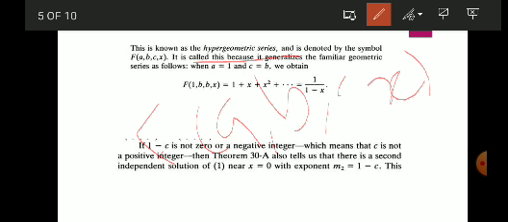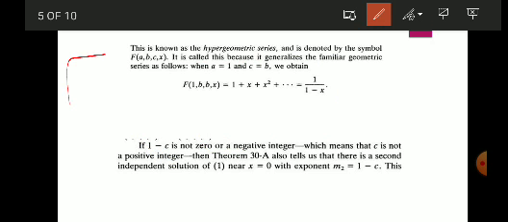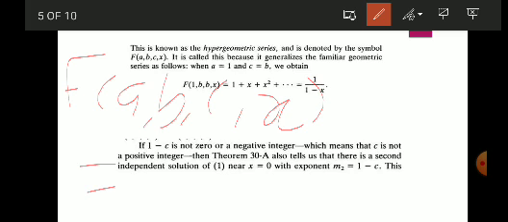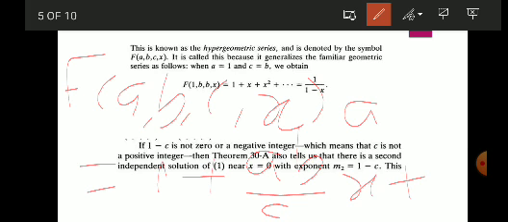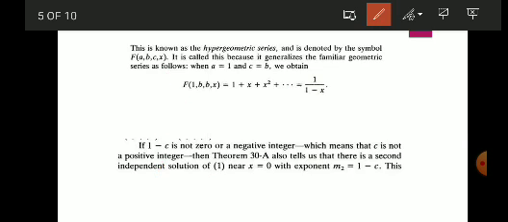That means the final result F of a, b, c, x equal to 1 plus ab by c x plus the second term, a(a+1) b(b+1) by c(c+1) 2 factorial x square plus etc. This is called the Gauss hypergeometric equation.